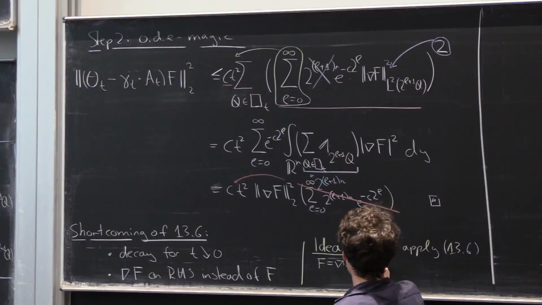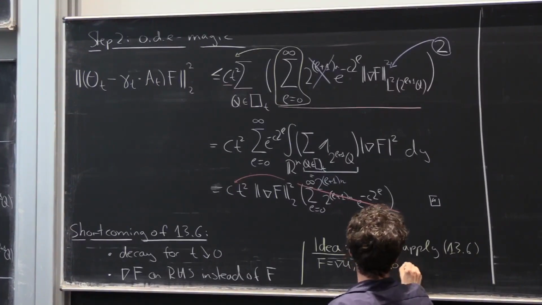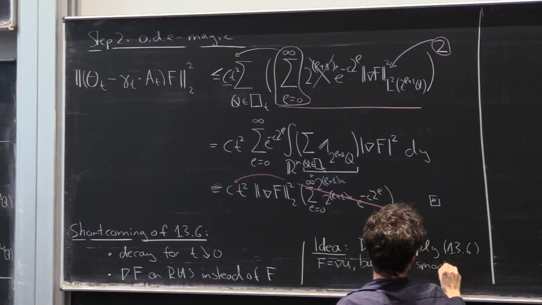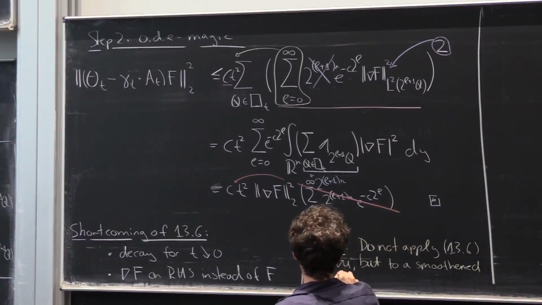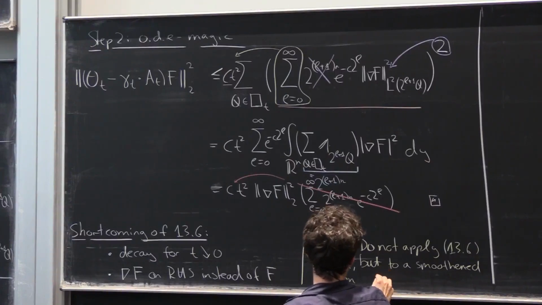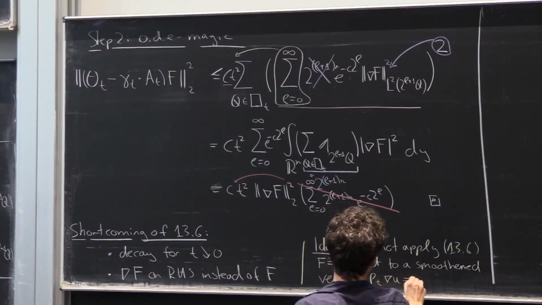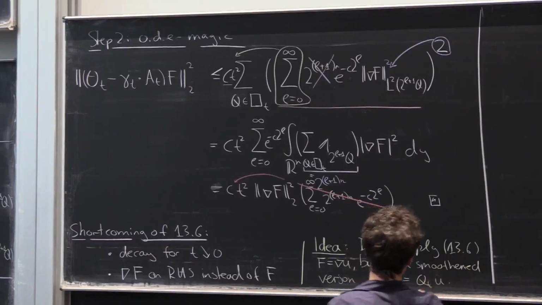I'm going to show you in the remainder of this lecture how. But to a smoothed version, and this smoothed version is going to be Pt of gradient u of f. I'm going to write it as Q2 of u.